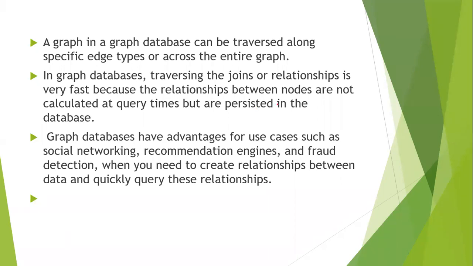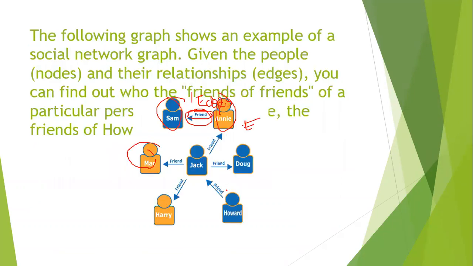So graph databases have advantages for use cases such as social networking, recommendation engines, fraud detection, when you need to create a relation between the data and quickly query these relationships. If you want to make a database, as well as perform any operations on it, if it is in a network, like a social media network or any other network, then the graph database is very easy to implement.